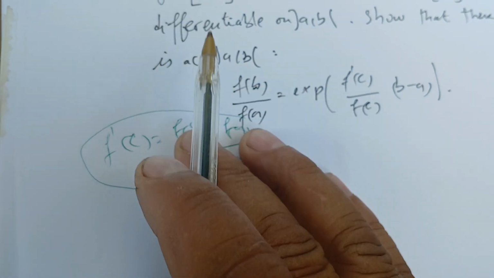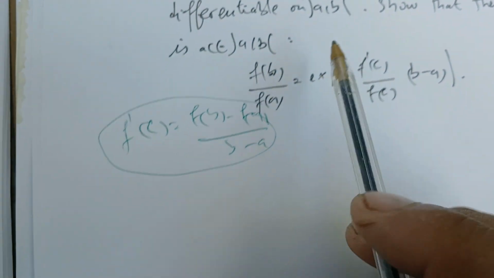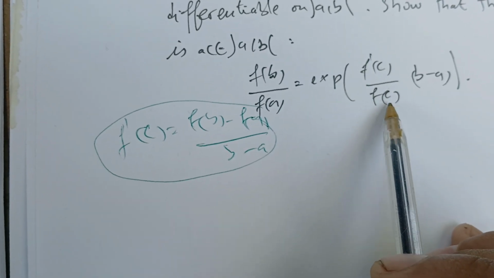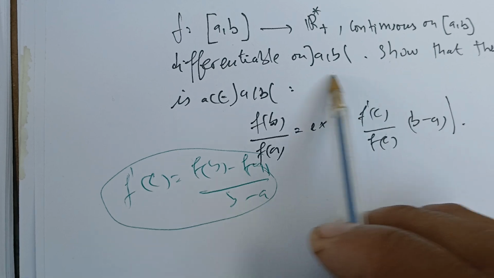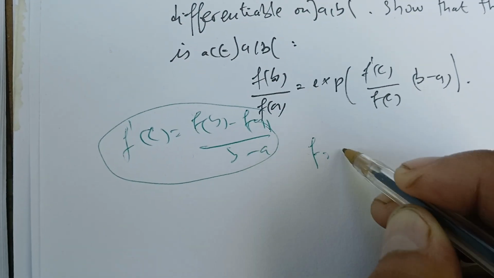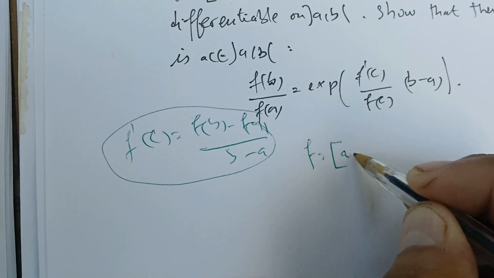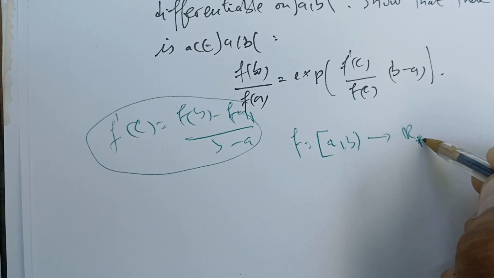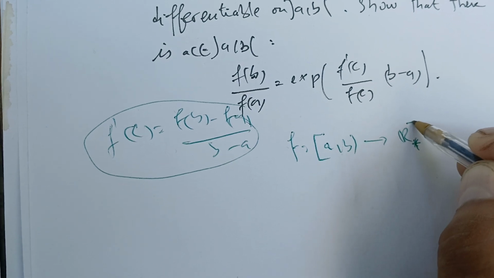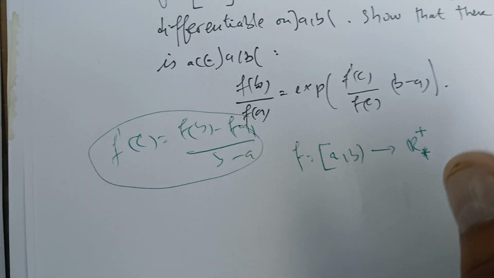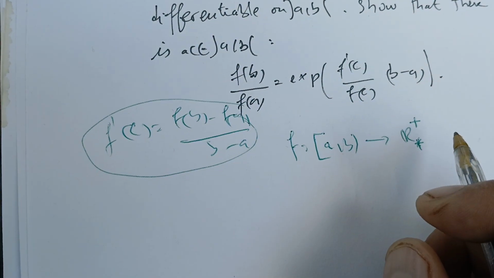Here we see that we have f'(c) over f(c). This tells us that we need to change our function here. So we have f defined on [a, b] going to R⁺, excluding the 0.